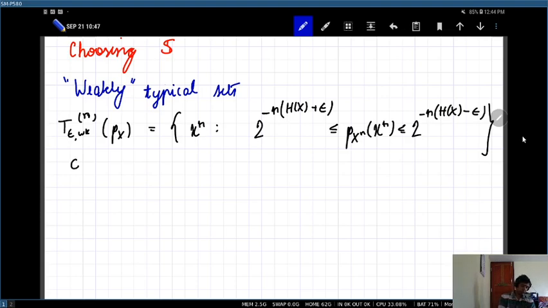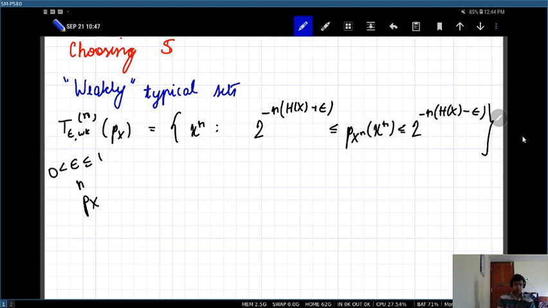A small number epsilon, which is typically chosen to be between 0 and 1, and distribution Px on the alphabet script x. It's also determined by the parameter n. Epsilon, n, and Px are three parameters which completely specify a weakly typical set.